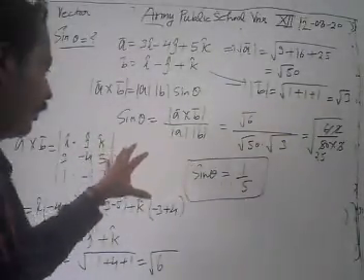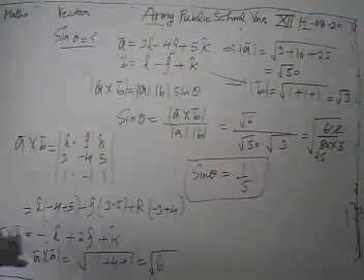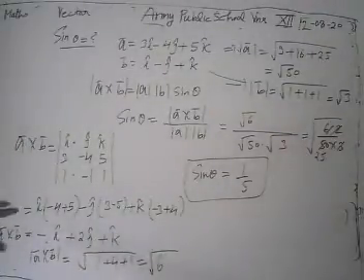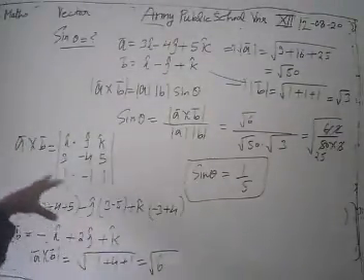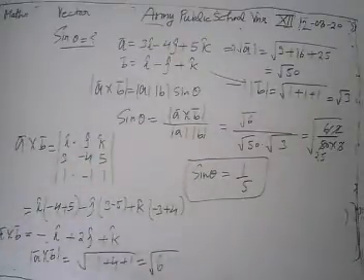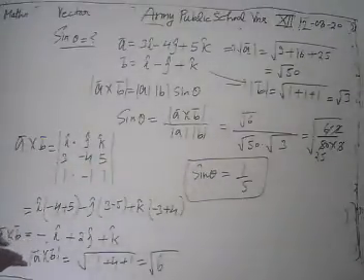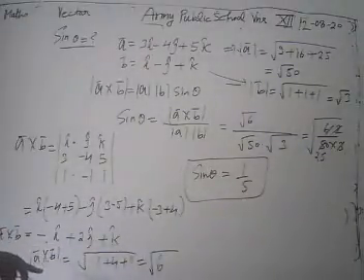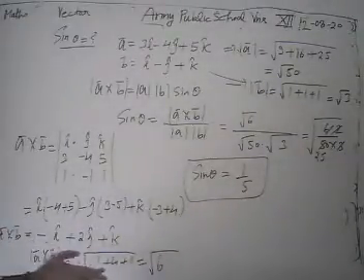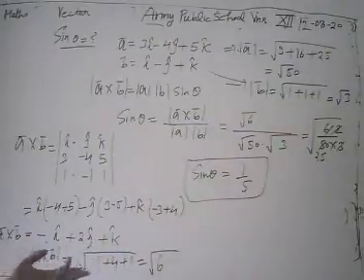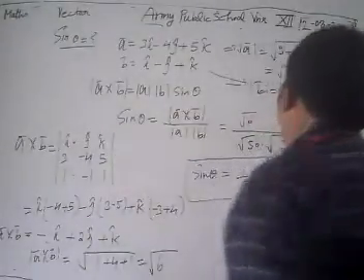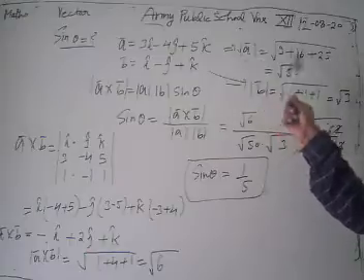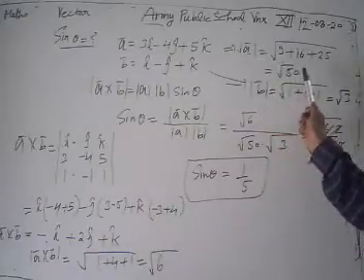First of all we are going to find out our vector A cross B. Then we get i cap minus 4 plus 5 after solving this. Then we get our vector A cross B is given by minus i cap plus 2 j cap plus k cap, and the magnitude of vector A cross B is given by 1 plus 4 plus 1, it's root 6. Then after that we are going to find out the values of magnitude of A and B, which we get under root 50 and root 3.